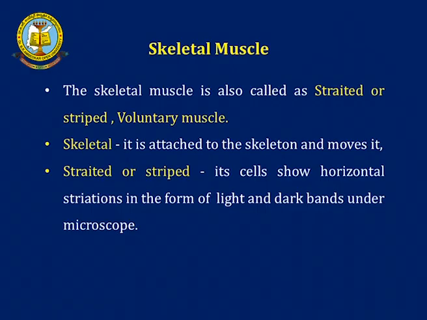Why are these named so? As the skeletal muscle is attached to the skeleton, it is called skeletal muscle, and as it is attached to the bones, it helps in the movement of the organism. It is named striated or striped muscle because it shows horizontal striations in the form of light and dark bands under the microscope.